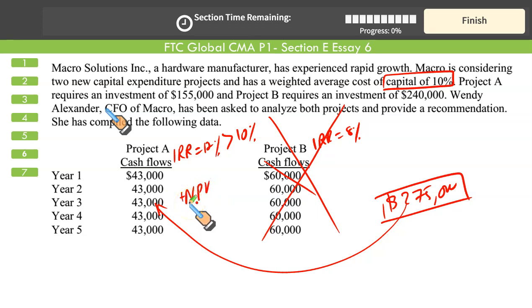But if you were to invest in project B, since the cost of capital is 10% and IRR is 8%, it will give you negative NPV, hence not acceptable. So under the capital constraint, the 275,000 available can be put in project A. 155 still leaves sufficient cash available. Under no circumstances should we go for B because IRR is less than our cost of capital.